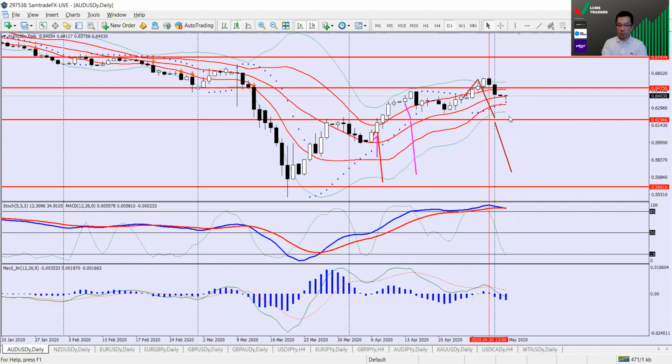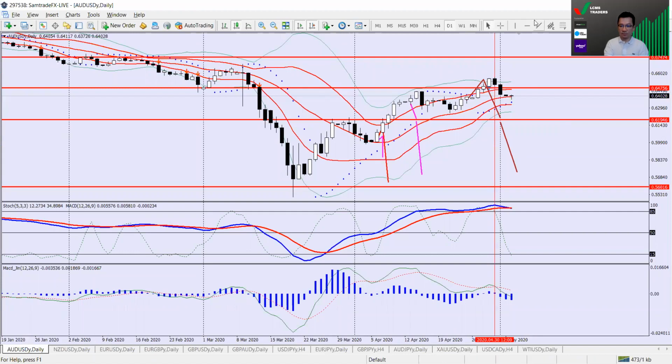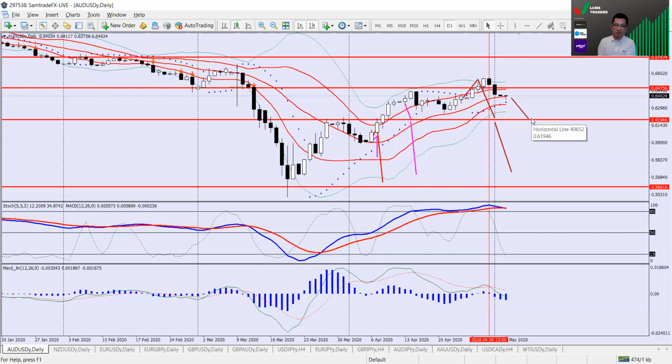Whether it's going to come down all the way, I think we might actually see that downward move. Probably not today, but maybe early tomorrow, or later into the week. Actually, no, let me correct that.